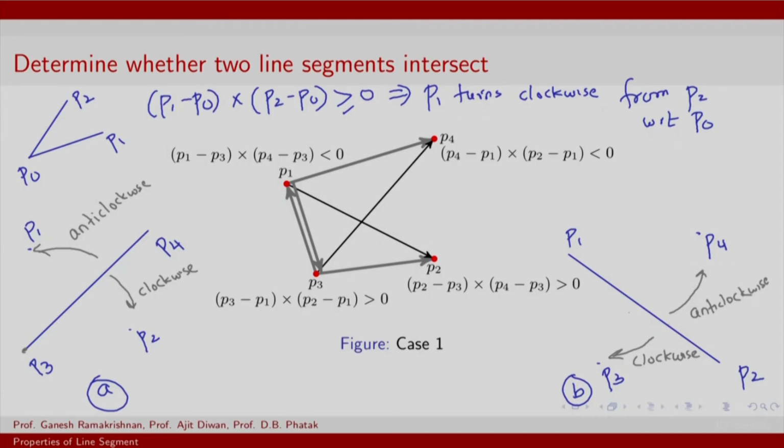It is also possible that P1 and P2 get exchanged, in which case all we expect is one to be clockwise and the other to be counterclockwise. So what we are looking for in this entire process is the sign of P1 minus P3 cross product with P4 minus P3 to be exactly opposite of the sign of P2 minus P3 cross product with P4 minus P3.